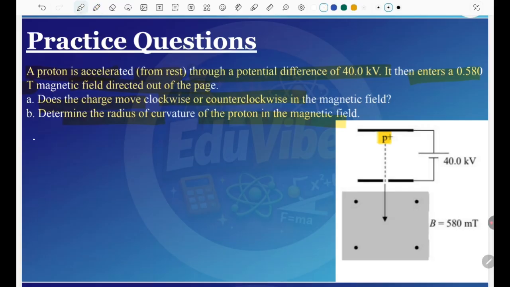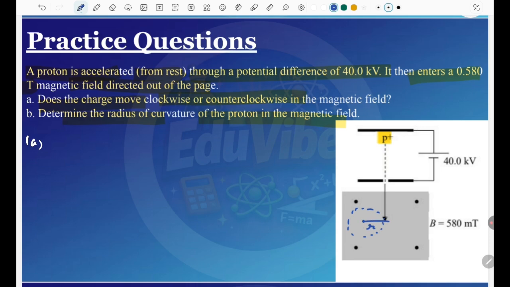The first question we have to answer is how the charge moves, clockwise or counterclockwise. When it goes into the magnetic field, it follows some circular motion with some radius, which I have to find in the second part.